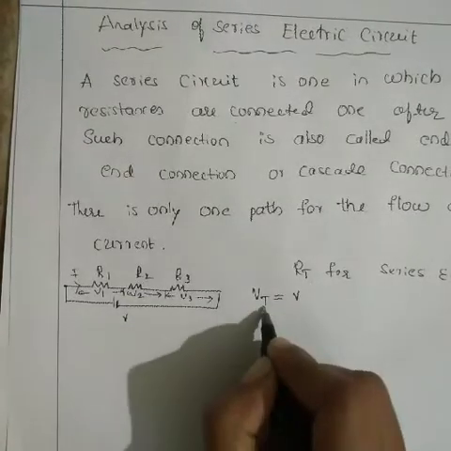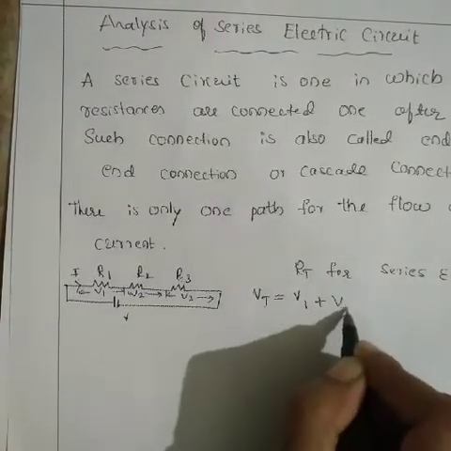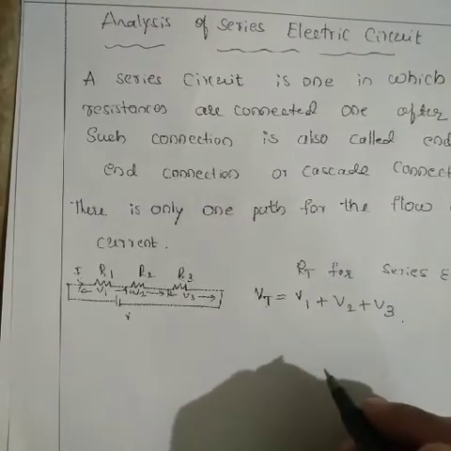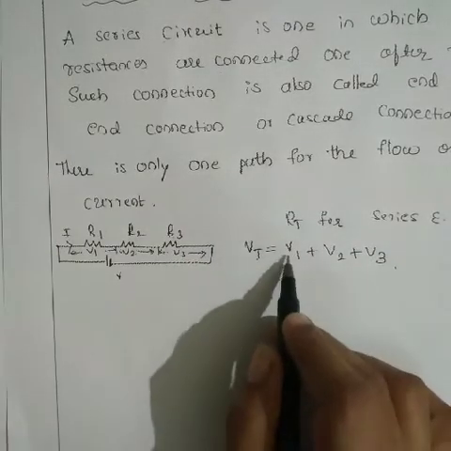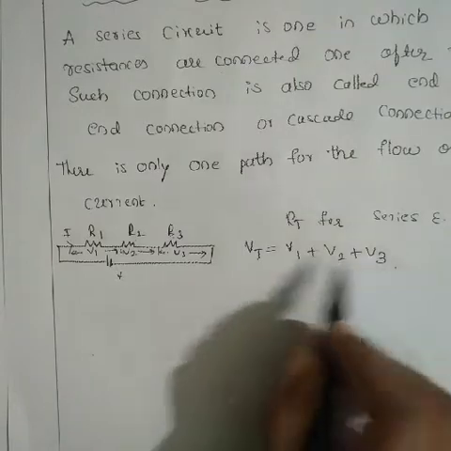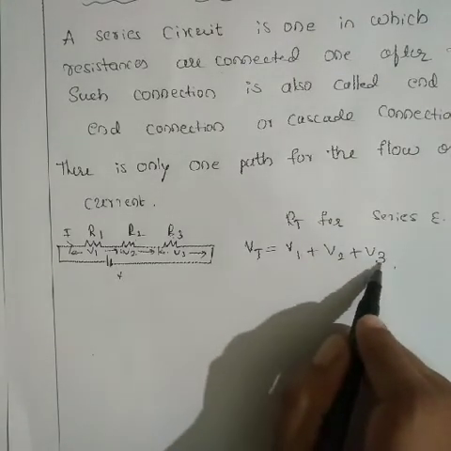Therefore Vt is equal to V1 plus V2 plus V3. In series electric circuits, the total voltage is equal to the algebraic sum of all potential drops across each resistance.